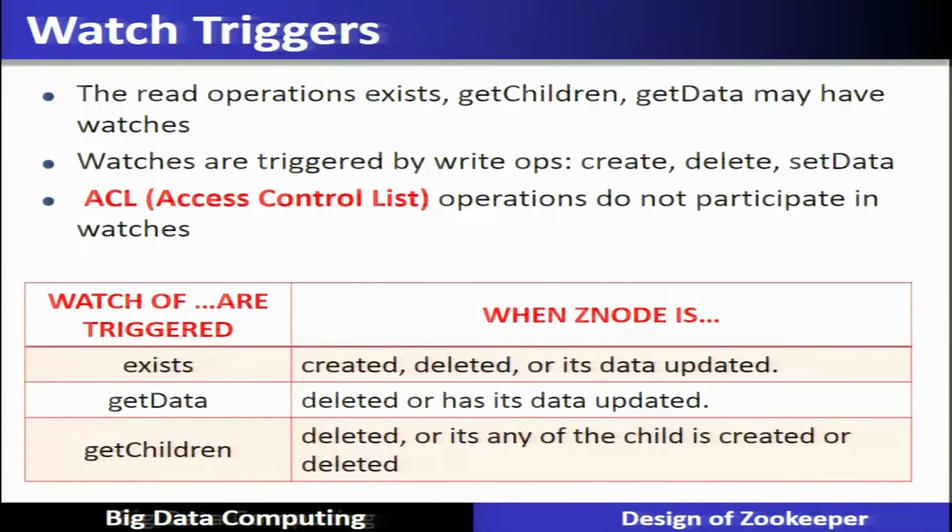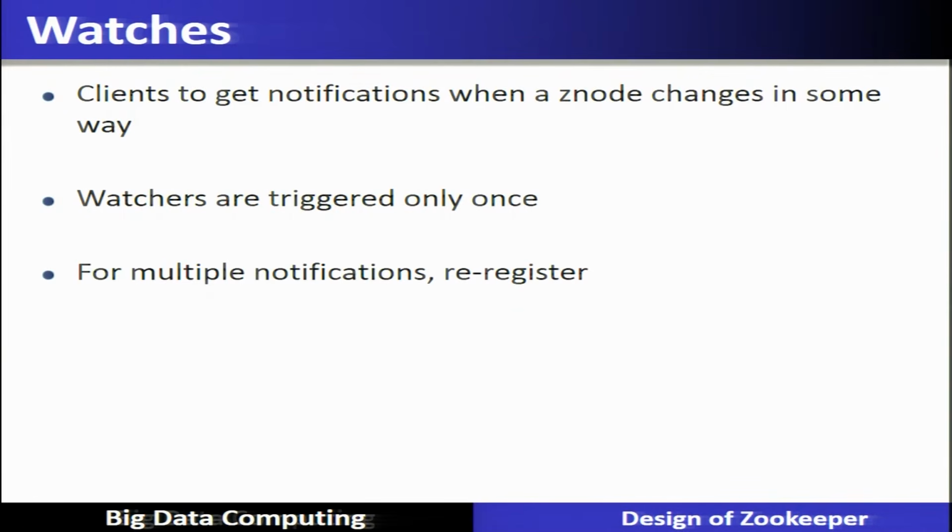So, watch triggers are available in Zookeeper and are used to give notifications to the clients whenever a Znode changes in some way.